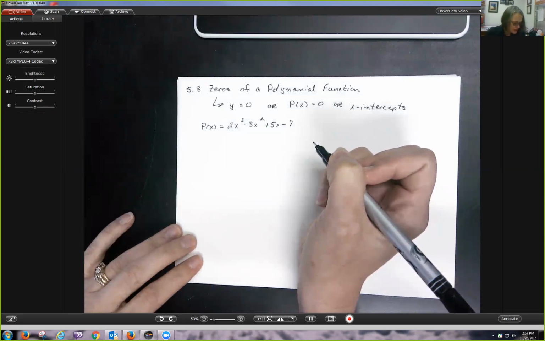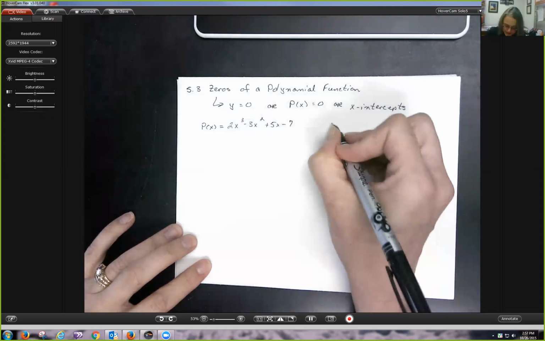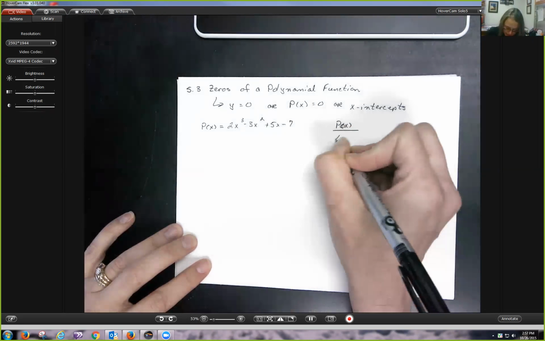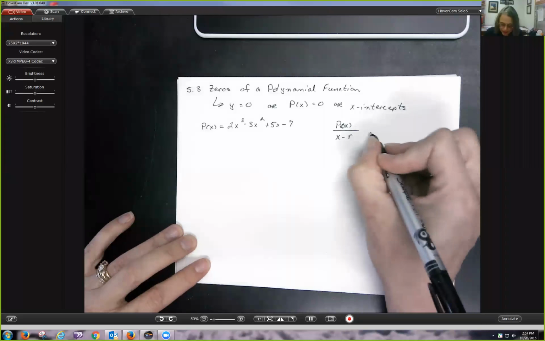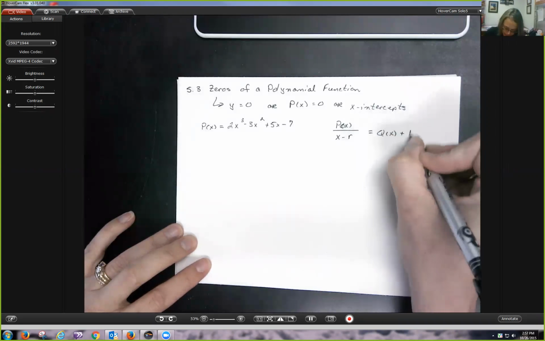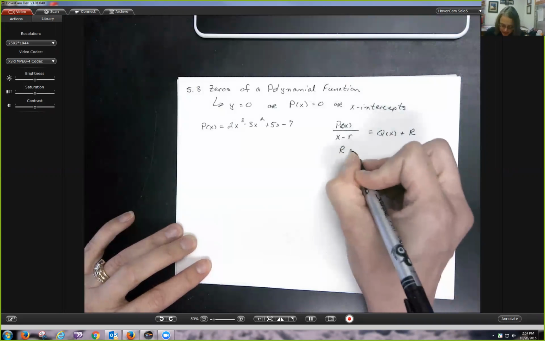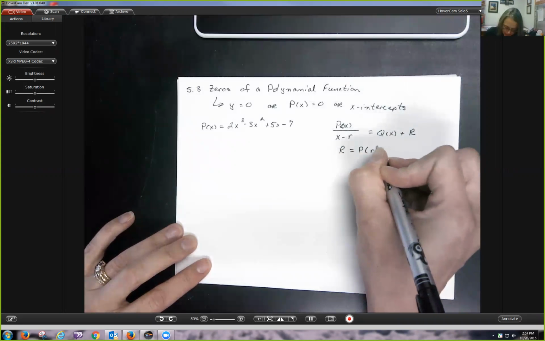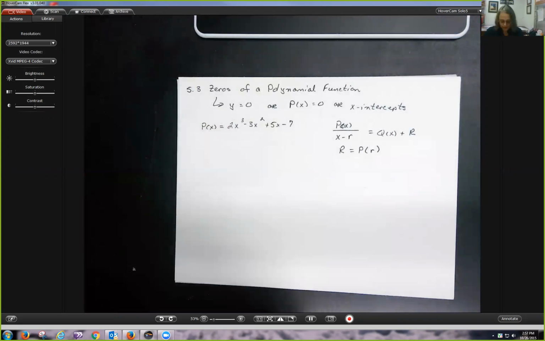It turns out that if I take some polynomial function and divide it by x minus a number, and I get some new function plus some remainder, that remainder is the same thing I would have gotten if I had plugged this number r into my function.